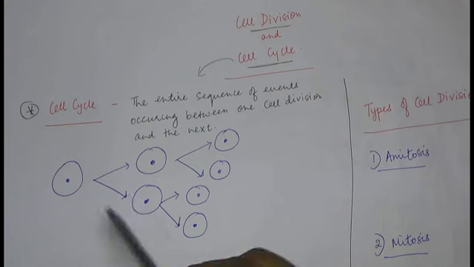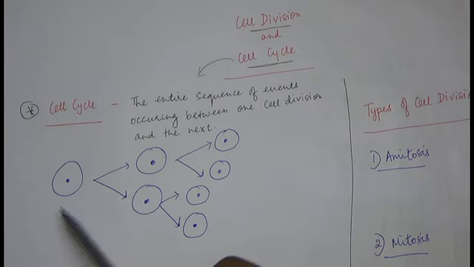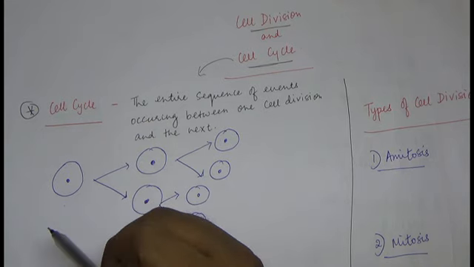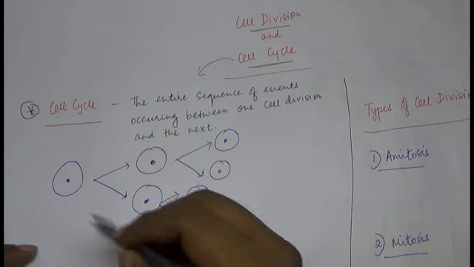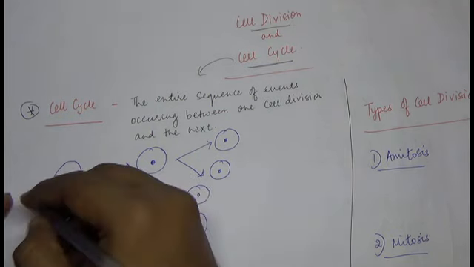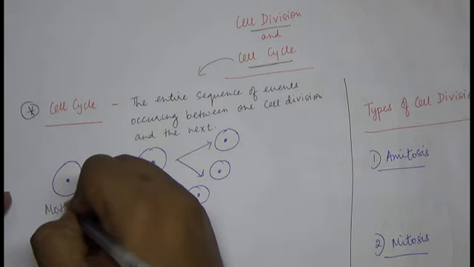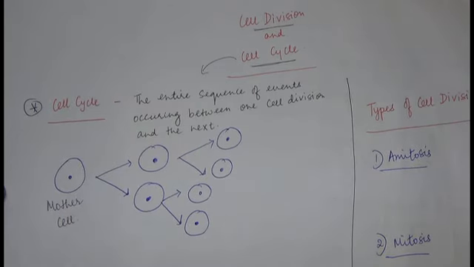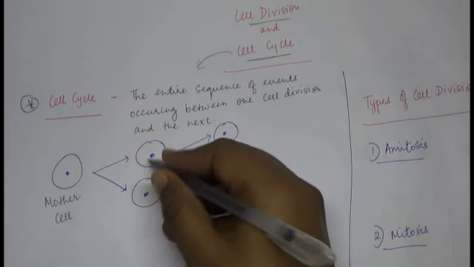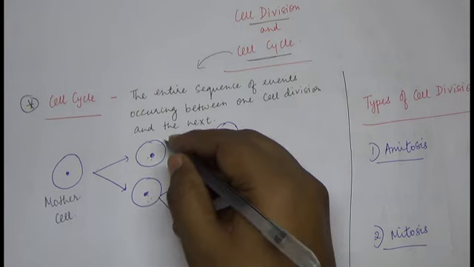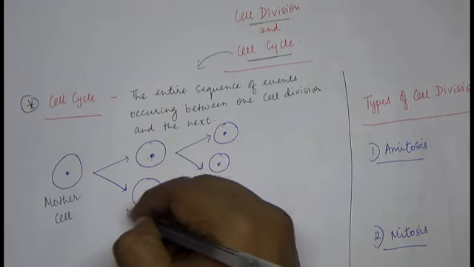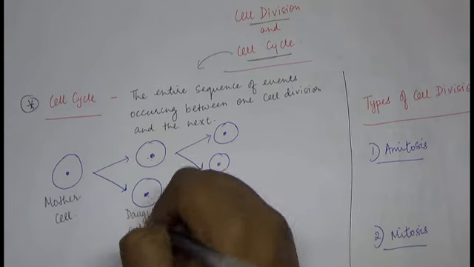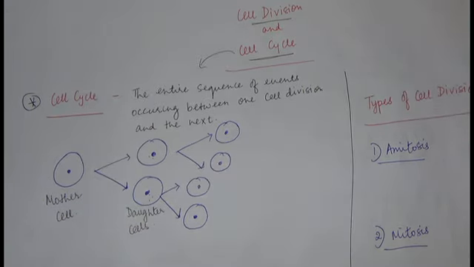Okay, over here we see a pictorial representation of the cell division. Alright, the cell which is dividing, let us learn some terminologies. The cell which is dividing is always called a mother cell. Okay, and the two cells which are produced are called the daughter cells.